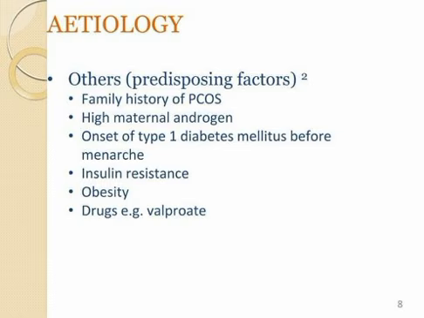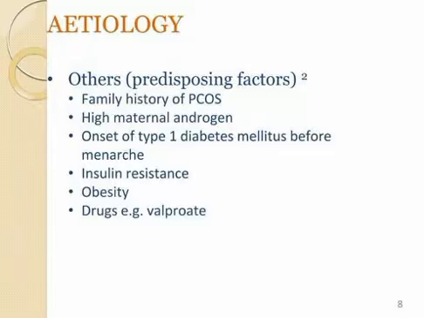Other than the genetic conditions, there will be predisposing factors such as family history of PCOS. If our parents have PCOS, there will be a family history of PCOS. High maternal androgens may also lead to PCOS.